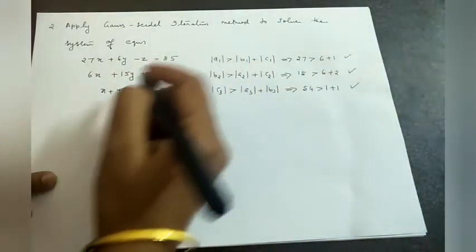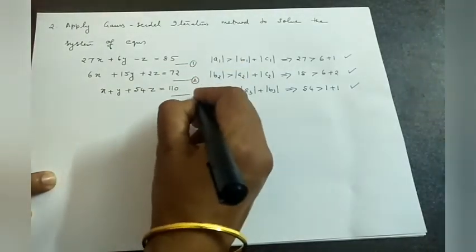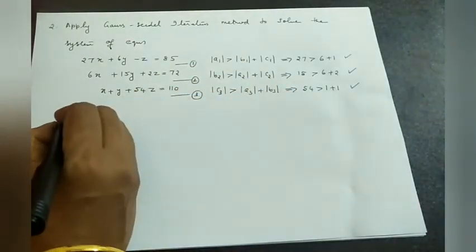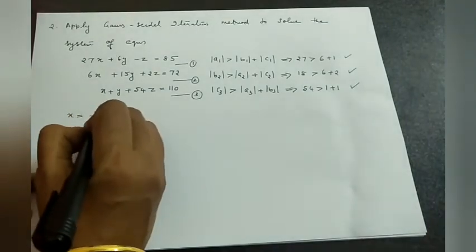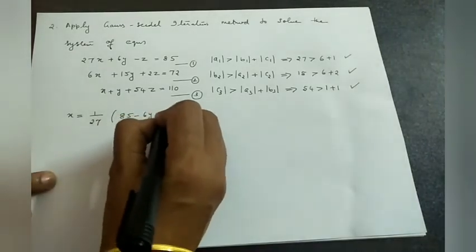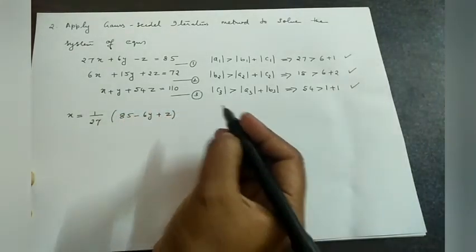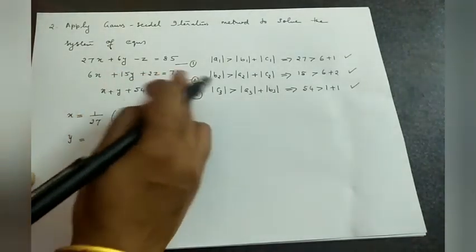From the first equation, find the value of x. You can directly find it by x = 1/27 (85 - 6y + z). From the second equation, we have y: 15y is equal to this.